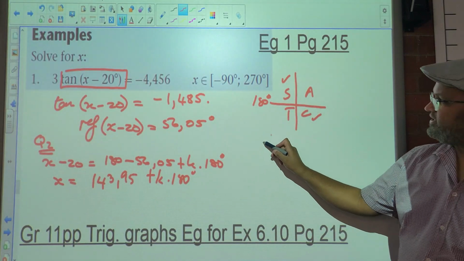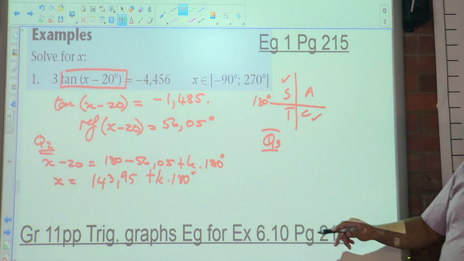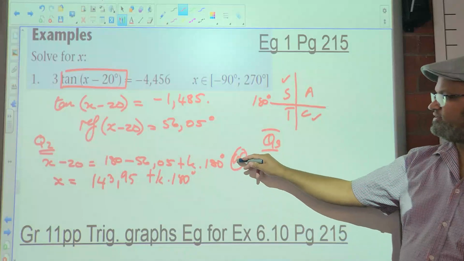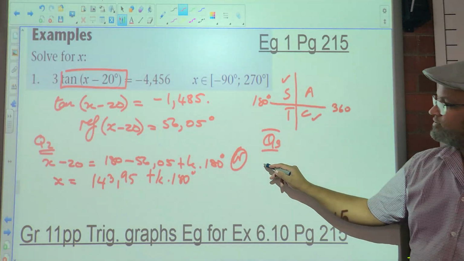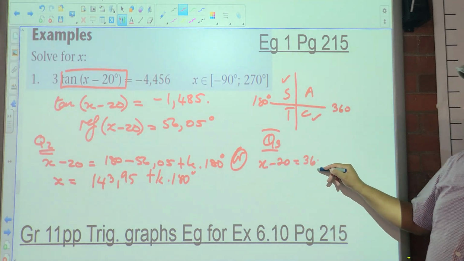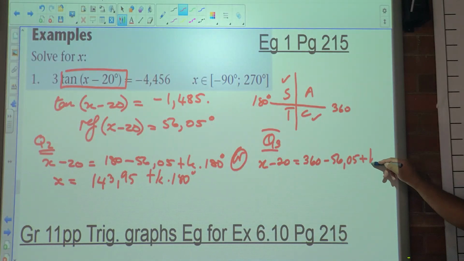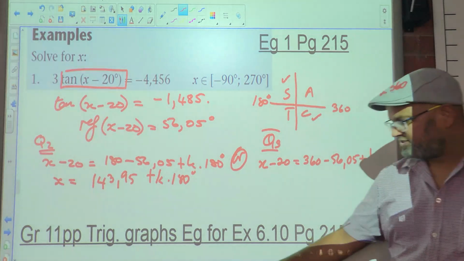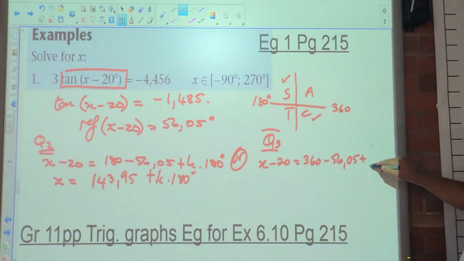So let's go on to quadrant 4 now. How do I get into that quadrant? 360 minus. So x minus 20 is equal to 360 minus 56,05 plus k times 360, not 360. K times 180. Why?